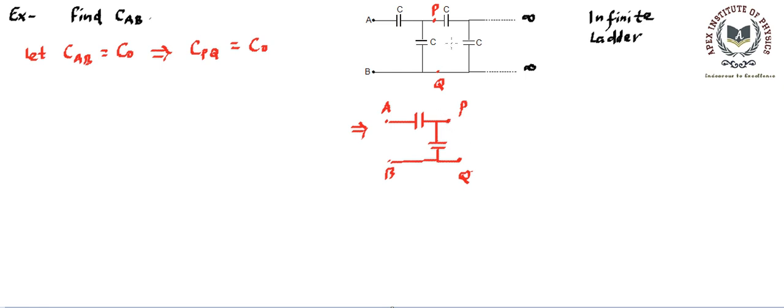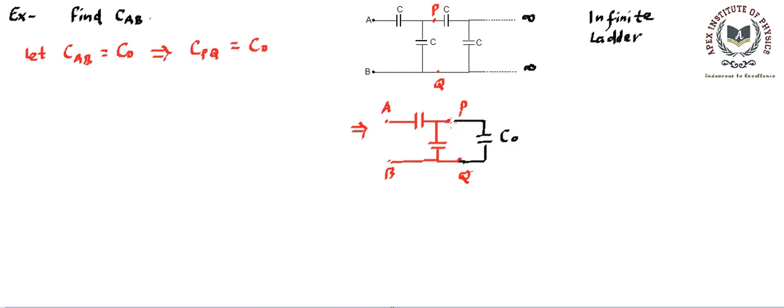Now, can we say this entire infinite network on the right hand side of PQ can be replaced by its equivalent? So I'm replacing that infinite network by its equivalent, a single capacitor equal to C naught.